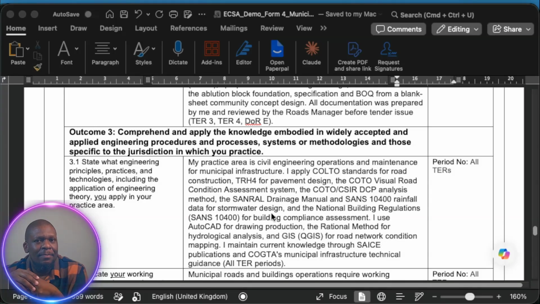You will use SANS 10400 in terms of building regulations for building infrastructure, and you will also use the drainage manual for stormwater design if you are going to perform the design. You will also use the municipal infrastructure standards developed within that municipality, because some municipalities have their own standards, so you have to comply with them.